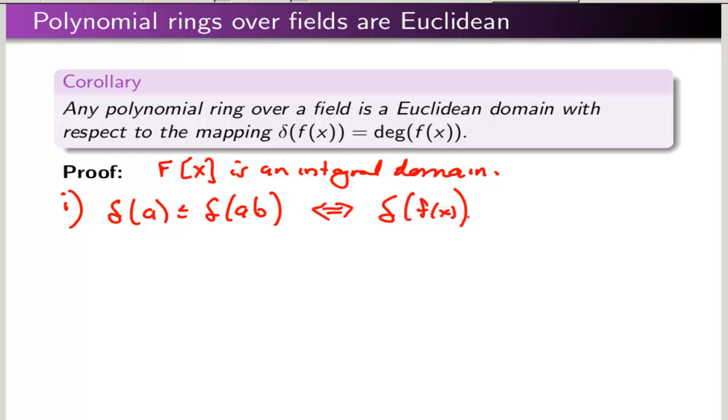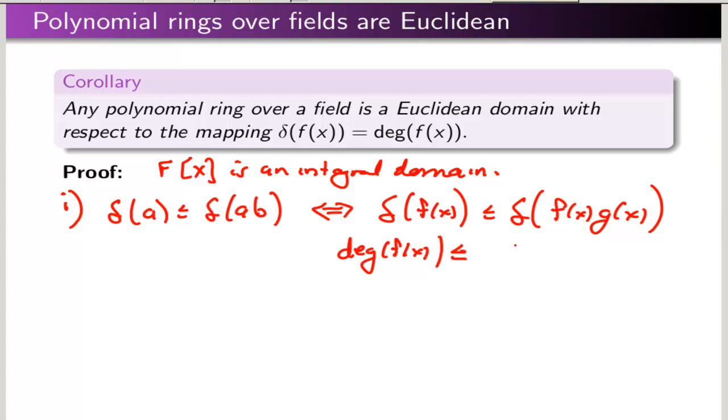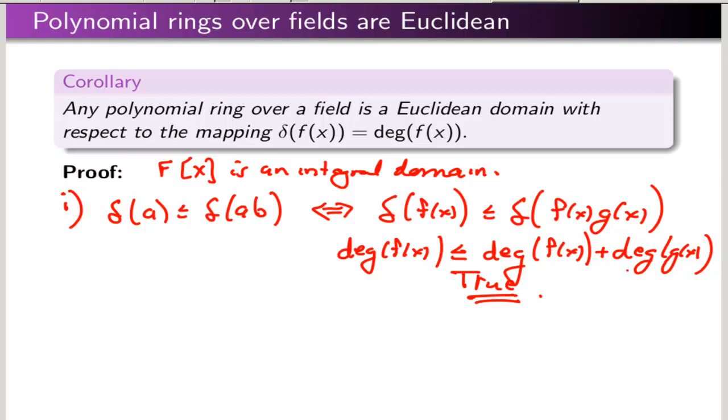Delta of f(x) should be less than or equal to delta of f(x)g(x) for any polynomials f(x) and g(x). Well, why is that true? This is the degree of f(x), and that needs to be less than or equal to the degree of f(x) times g(x), which is just the sum of the degrees. And that is certainly true, because this is at least 0 right here.